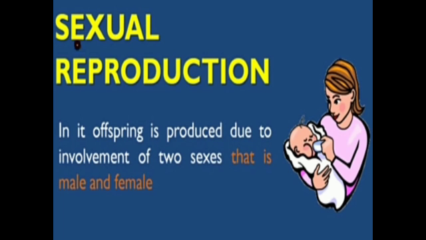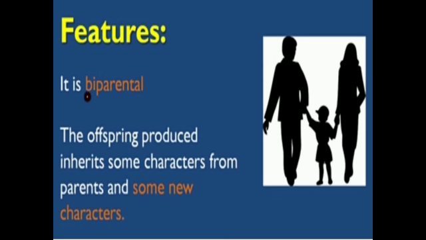This type of reproduction, beginning from the fusion of male and female gametes, is called sexual reproduction. So the basic definition is, in sexual reproduction, offspring is produced due to the involvement of two sexes, that is male and female.